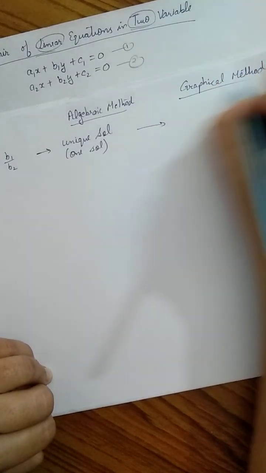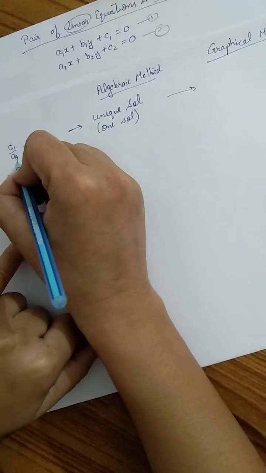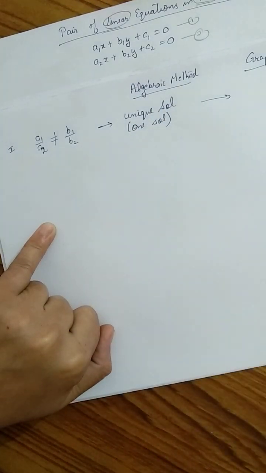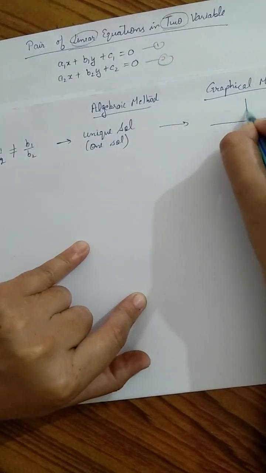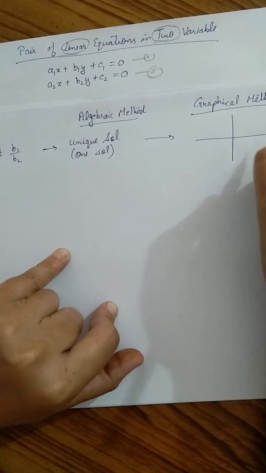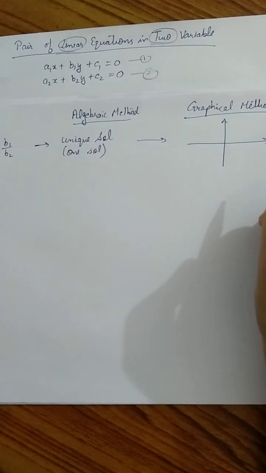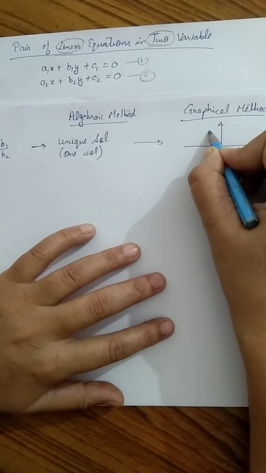Now if a1/a2 is not equal to b1/b2, we say that it is a unique solution. If we represent it graphically, suppose this is the x-axis and this one is the y-axis, the graph of this type of equation is that two lines will intersect at a point.